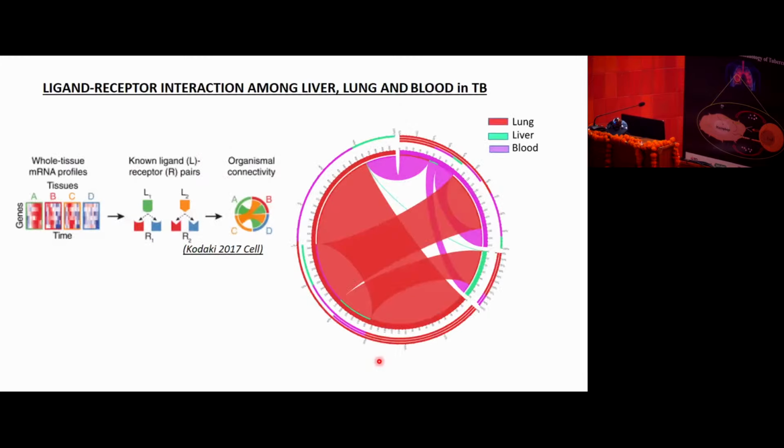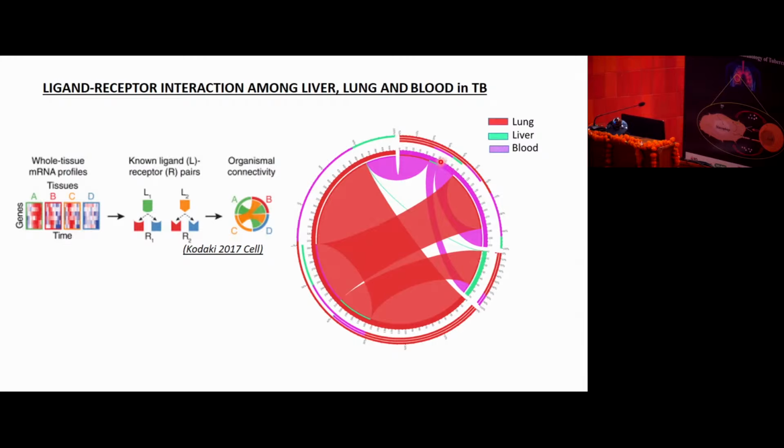We also tried to see the interaction between these three organs, and we used an approach called ligand receptor interaction. We see that most of the ligands produced by the lung have receptors in the lung itself, and they also have some receptors in the liver, which is green.